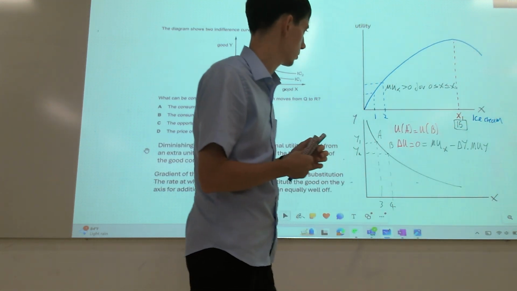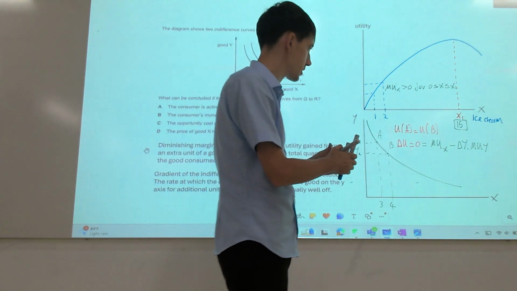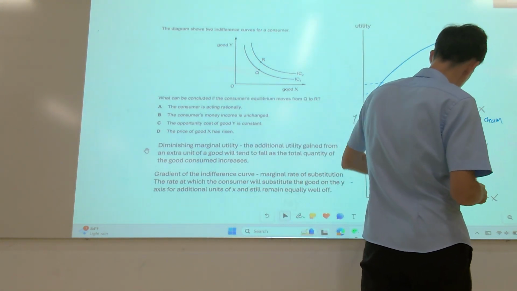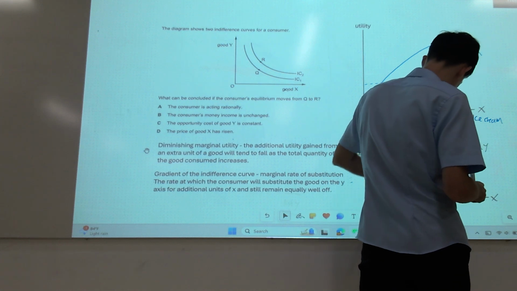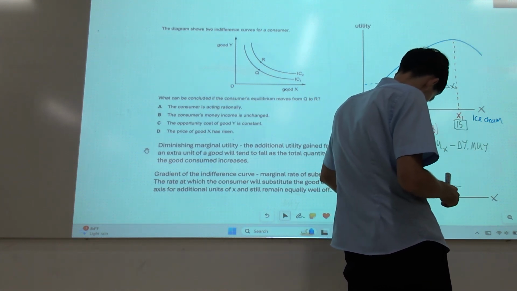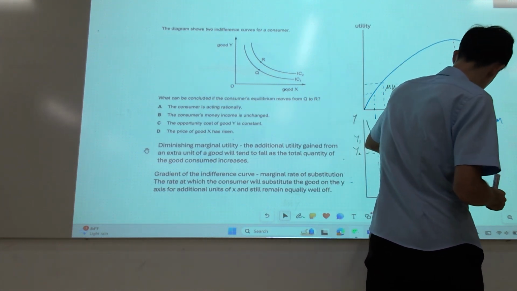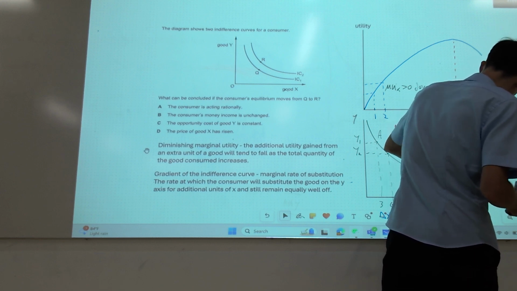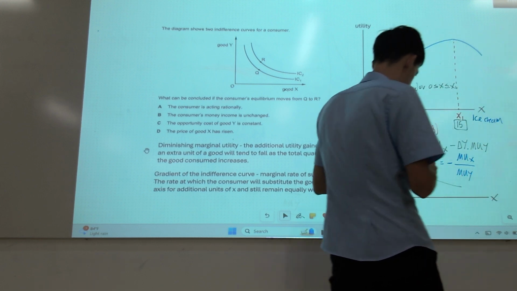So then, what I can do is rearrange this, can't I? I can write that delta y divided by delta x, because delta x is just 1, is equal to negative marginal utility of x divided by marginal utility of y.